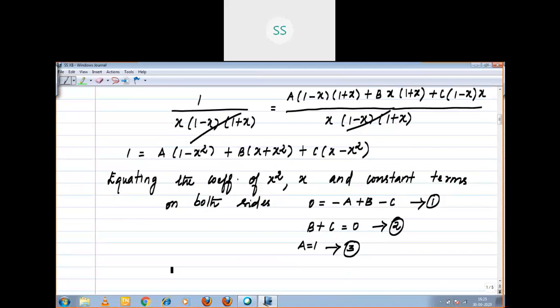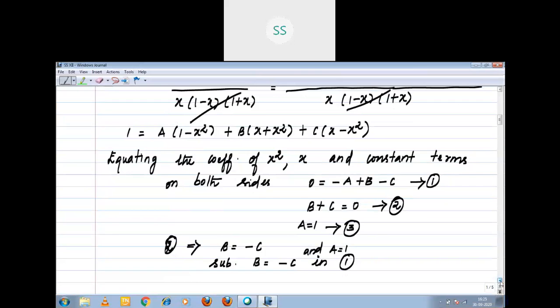Now, from 2, b is equal to minus c. Substitute b is equal to minus c and a equal to 1 in equation number 1.